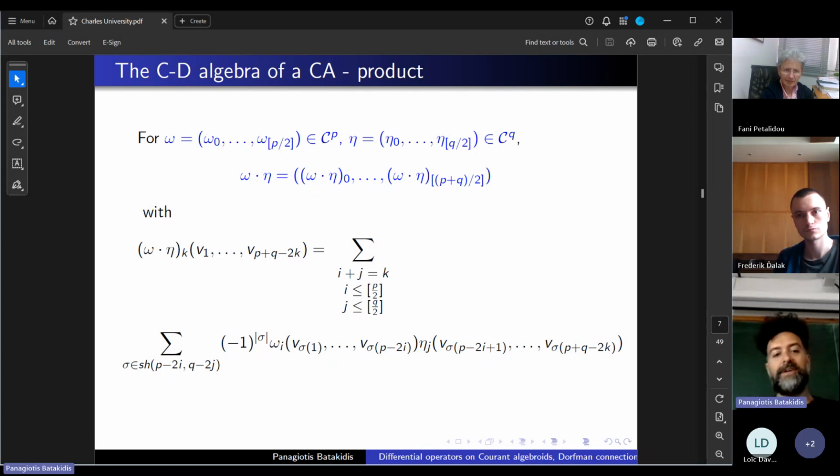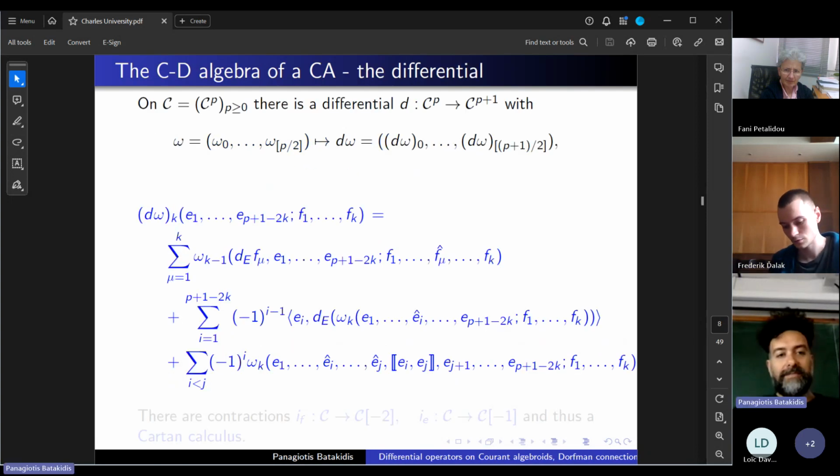And on this algebra there is also a differential that takes some omega, a finite sequence like that, and it's of degree 1. It gives you another finite sequence. If you look at what the formula looks like, you will see that you need all these structures from your Courant algebroid. Remember, we're talking about the Courant Dorfman algebra of a Courant algebroid, not any Dorfman algebra. Besides this differential, there are also constructions.